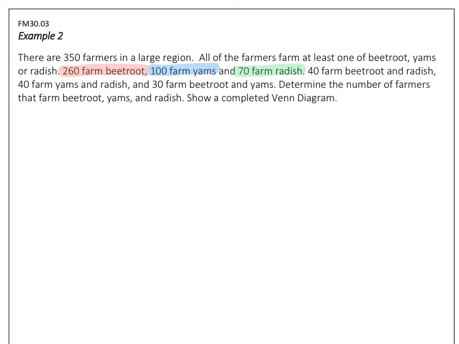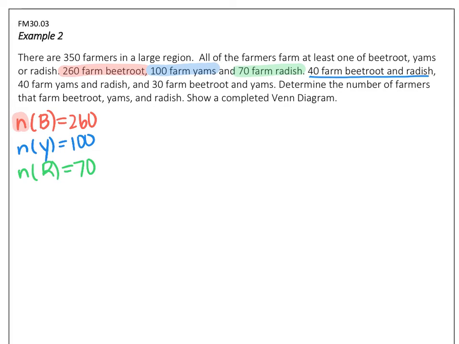Okay, so what that tells me is that the number who farm beetroot is 260. The number who farm yam is 100. The number who farm radish is 70.